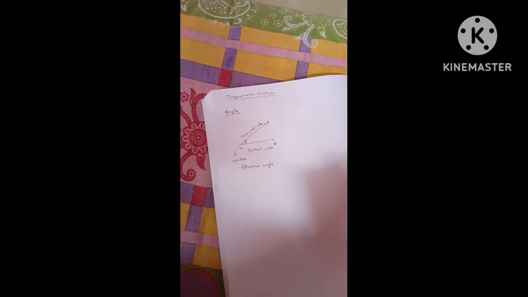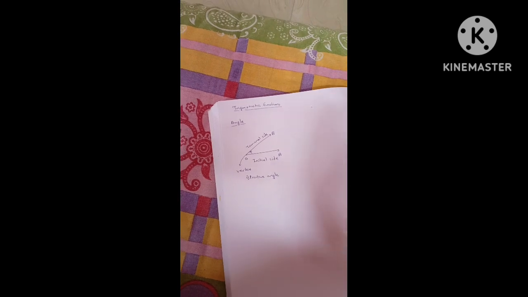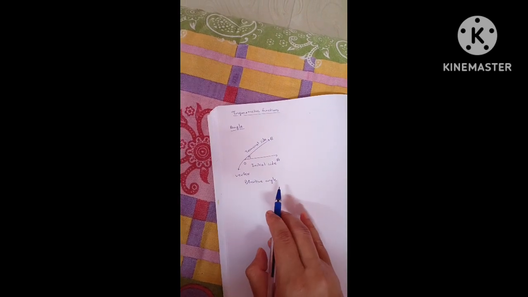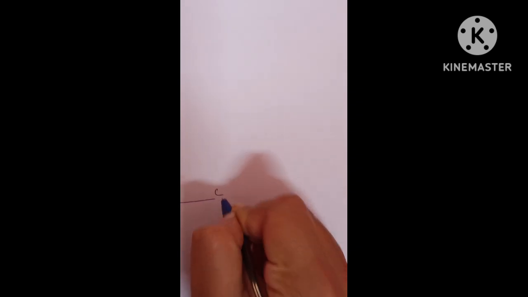If the rotation is in anti-clockwise direction, the angle will be positive angle. Now suppose there is another ray, we name it OC, and this line is rotated now in clockwise direction. We call this ray OD.